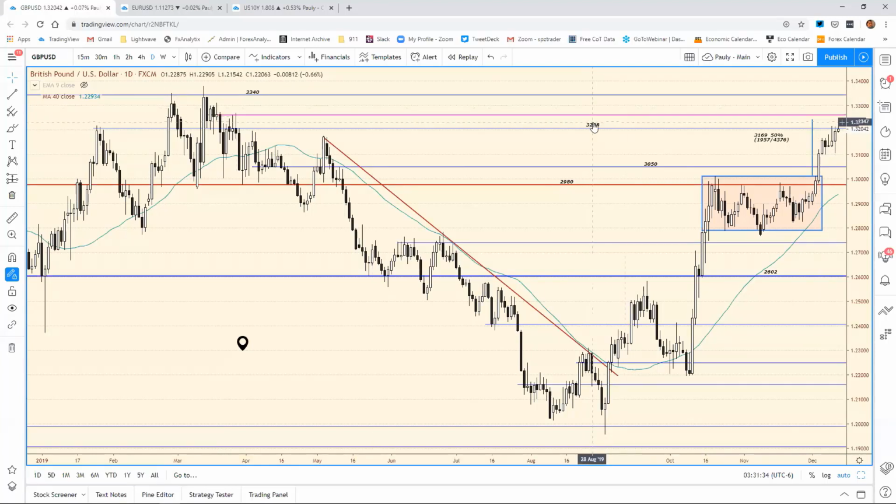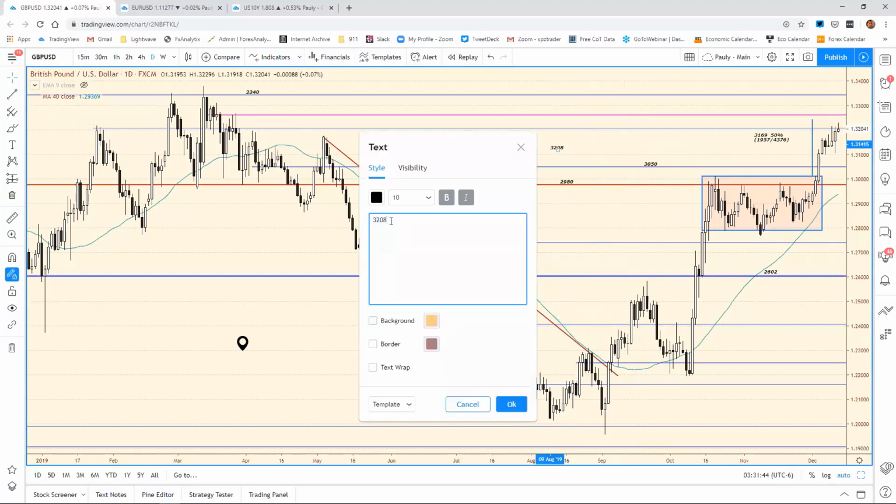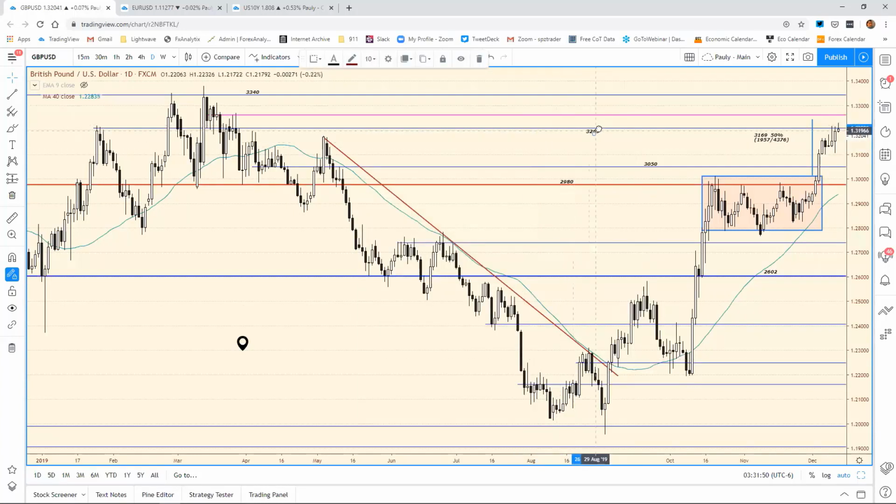So if we rally past that, but we close below this 32.65, and you can see that's confluence with 32.45, which is this range extension. Here's this range we've been in. See that? Right there.